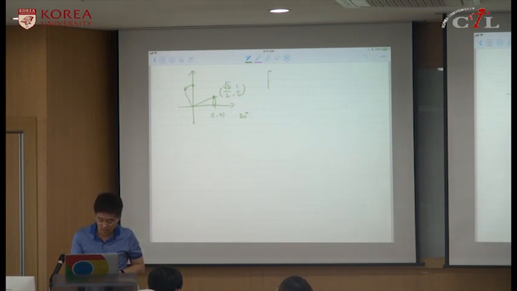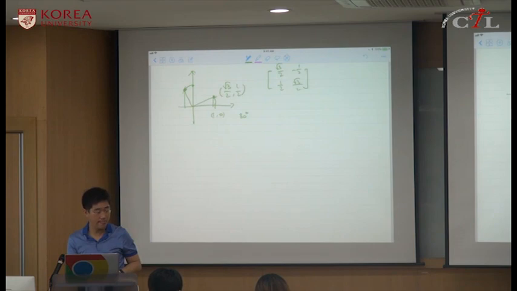And then we obtain the standard matrix as follows. This is our rotation matrix. Okay, so this was the rotation.